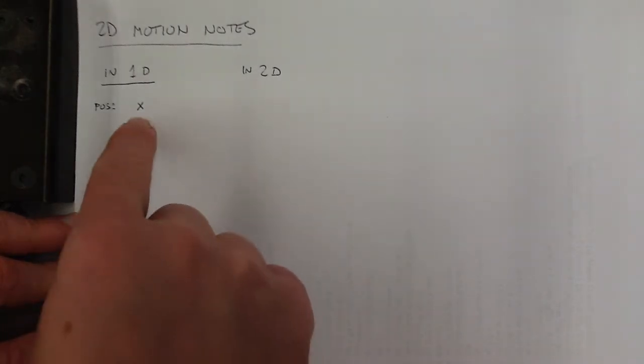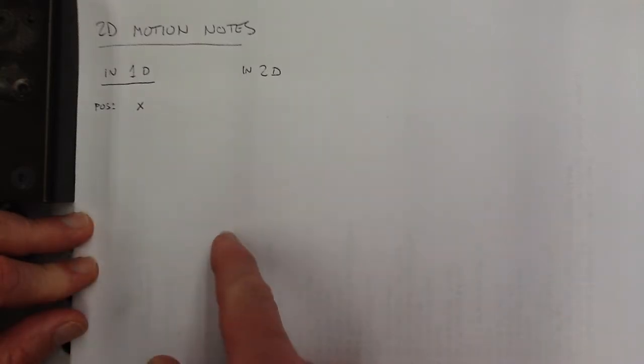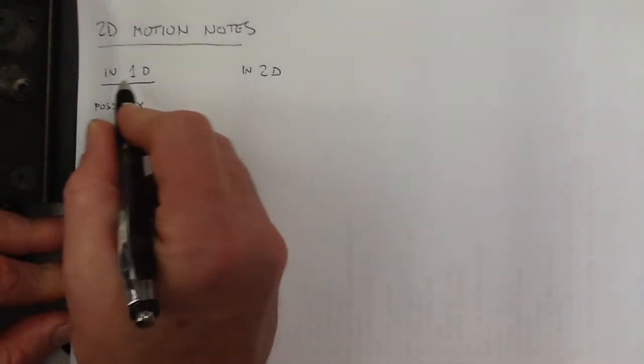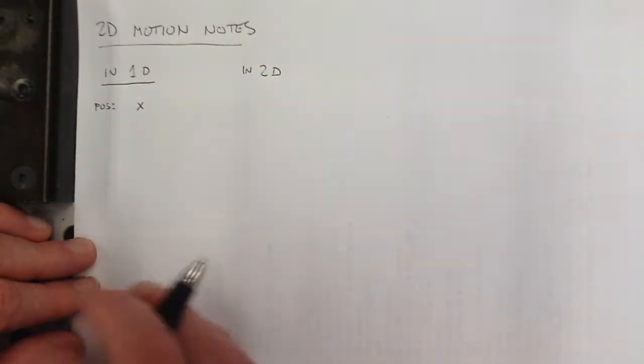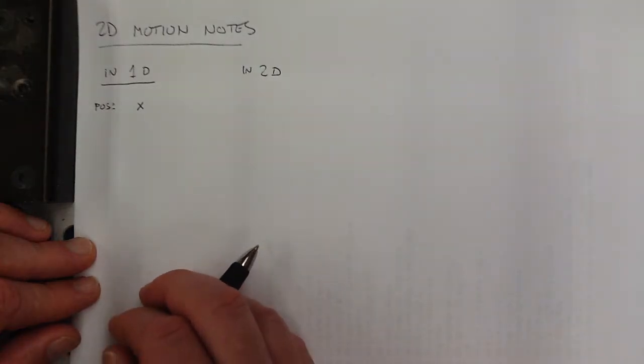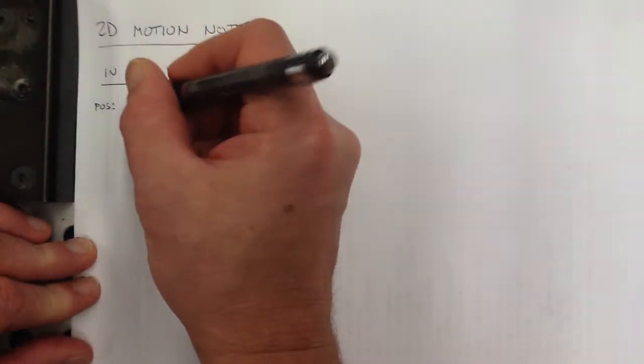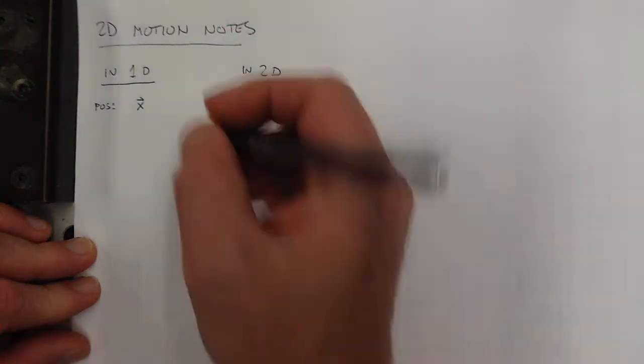Now really, if we think about this, that number really was a vector. It was just a one-dimensional vector, right? Because it could be positive, which is a direction, or negative, which is a direction. It's just that in 1 dimension there's only 2 possibilities. So a positive and a negative is enough. So really that was a vector. So I could put a little vector hat on that.